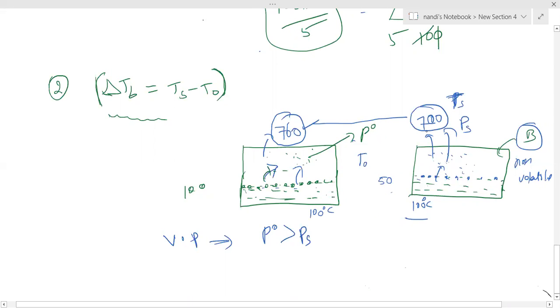But I need to get 760 here also. Then we need to heat it. When heating, more molecules can evaporate, so the vapor pressure rises until it reaches 760. At that time the temperature is 130 degrees centigrade.